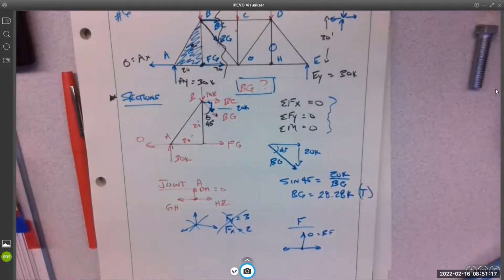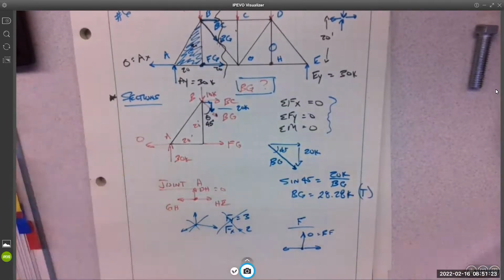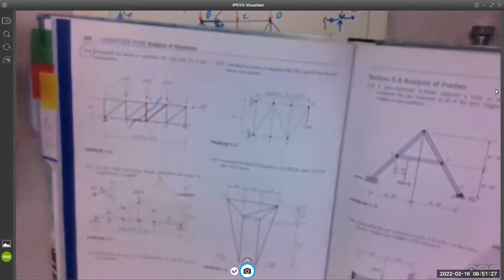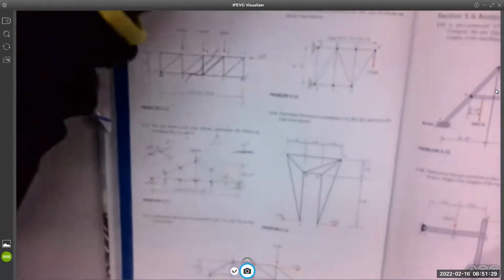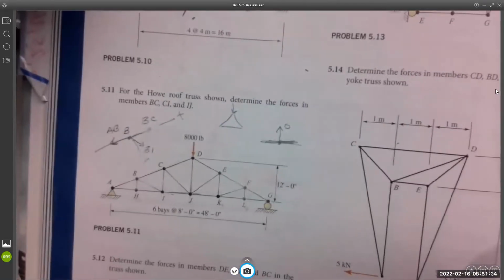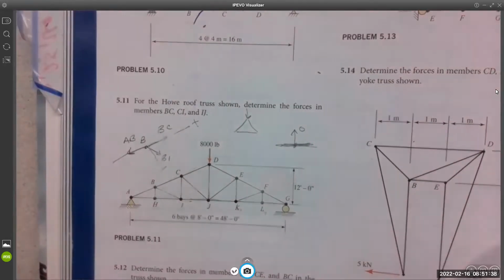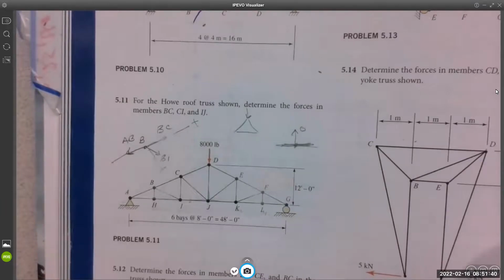Now check this out. This is like next level, 0 force members. Do you see any zero force members? I see a lot of drawing.